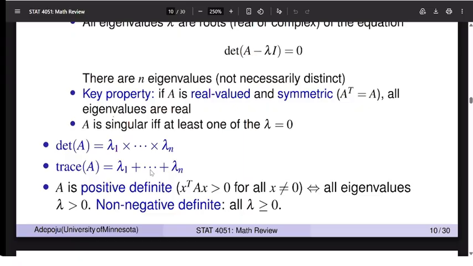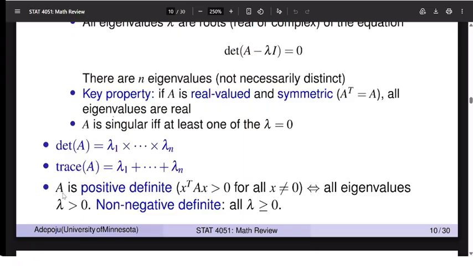If I multiply eigenvalues, I get the determinant. Don't forget, I need the determinant to exist before I can figure out the inverse of a matrix. But if I add eigenvalues, what am I looking for? I'm looking for the trace. What is the significance of the trace? Maybe I want to know the total variance, because each eigenvalue represents the variance of a particular principal component.